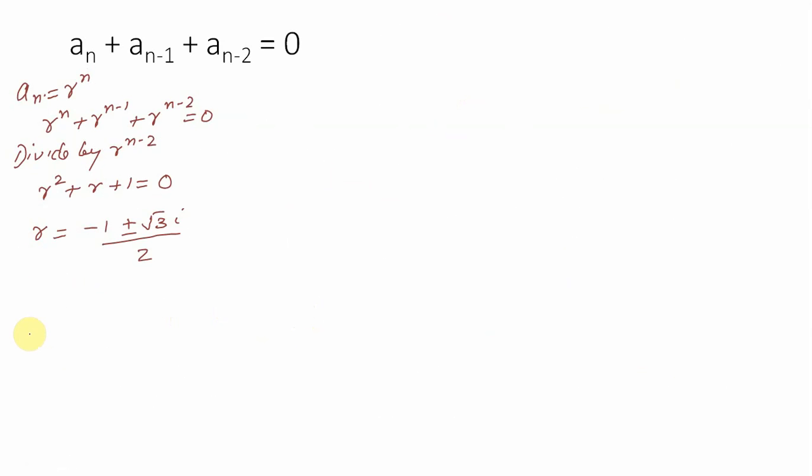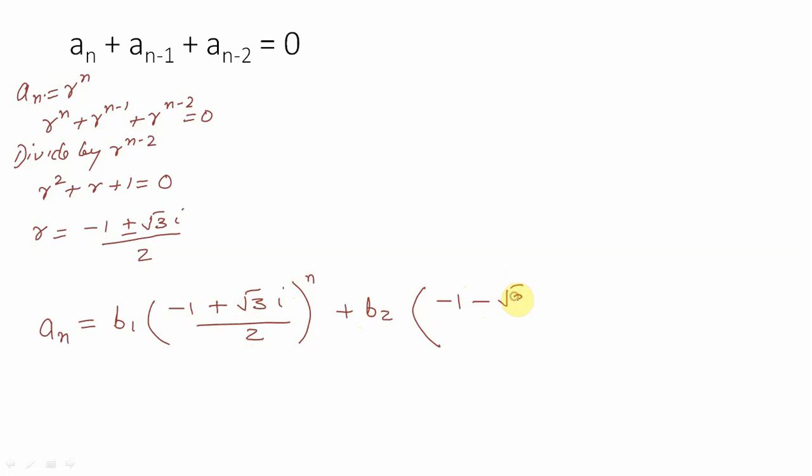So the homogeneous solution will be given by an is equal to b1 ((minus 1 plus root 3i) divided by 2) to the power n plus b2 ((minus 1 minus root 3i) divided by 2) to the power n. As the initial conditions are not given, we'll write the solution in terms of b1 and b2.